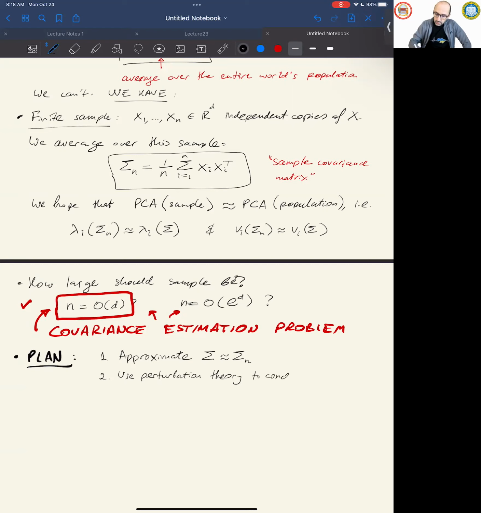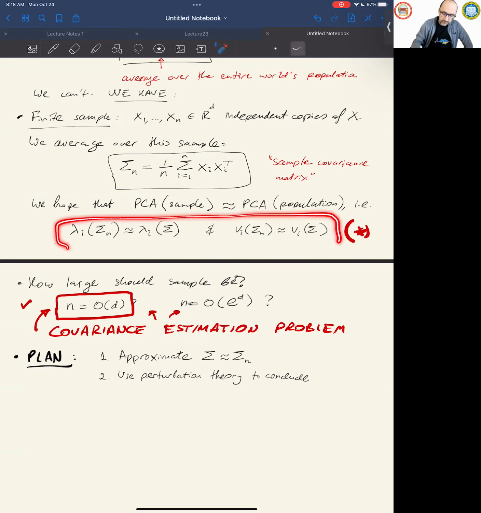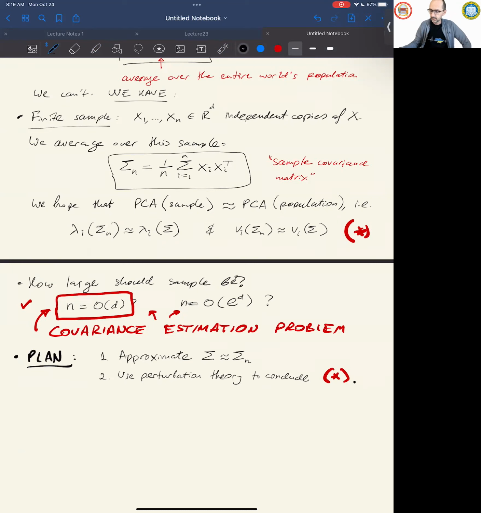To conclude that the eigenvalues and eigenvectors are close with a linear sample. That's what we want.